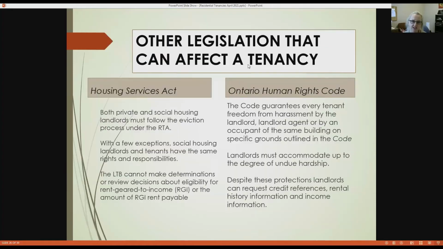So there is other legislation that can affect a tenancy. Earlier on, we talked about the exemptions, things that are not covered under the Residential Tenancies Act. What we often run into in those cases is where you're renting a room from a friend, or you're sharing a kitchen or a bathroom with the landlord. The risk with those tenancies is there's no statutory requirement or notice for an eviction process.